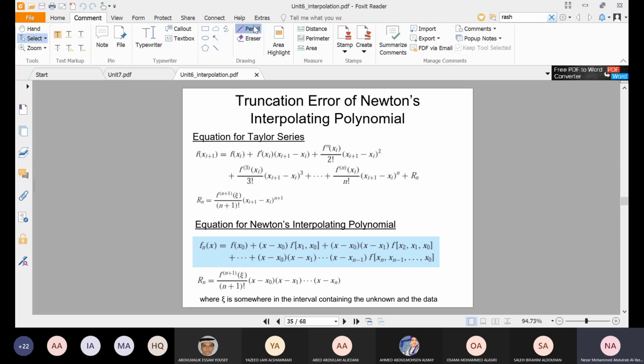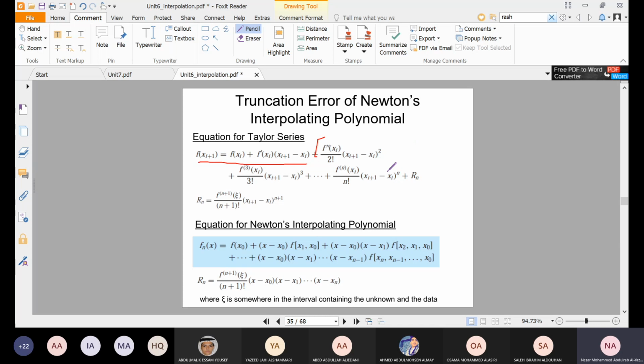So the error, as we said, if we take our approximation until here, if I take only the linear part, for first order derivative, the result from here will be the remainder.